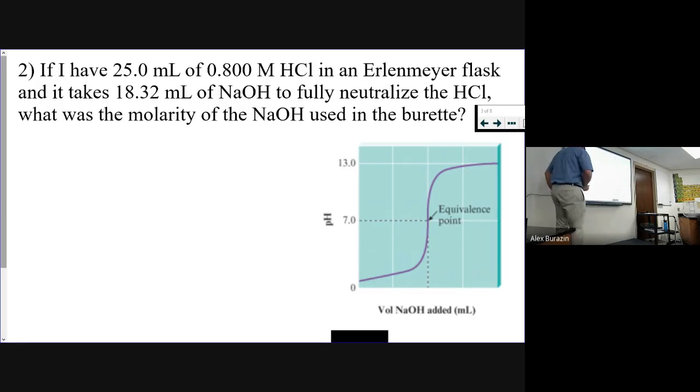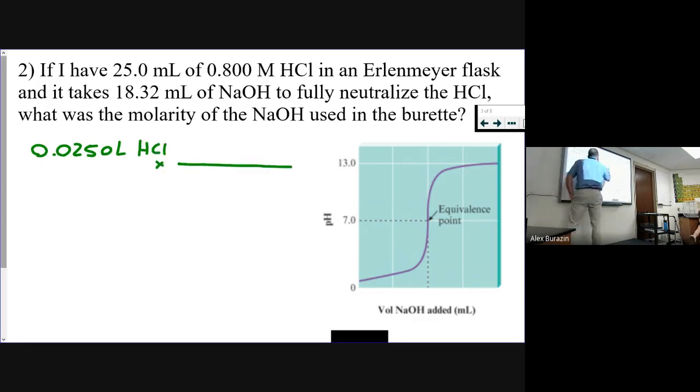I'm gonna start with the milliliters. Now, I can show my conversion from milliliters to liters, but again, I think you know how. So I'm just gonna skip that part and go straight to liters because I know how to do that in my head. So I have this many liters of acid, and I'm going to convert that many liters of acid into moles of acid.